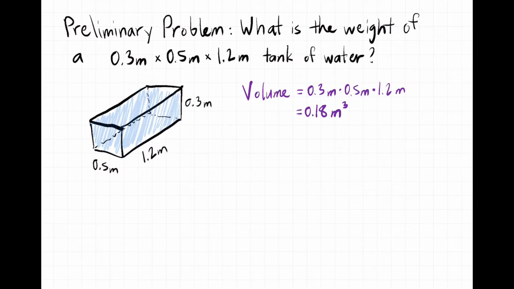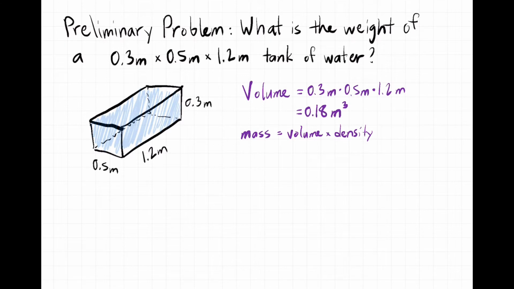Well, first we need to find the mass. So in general, mass can be computed by taking the volume times the density. As long as we know the density of water, we're all set.